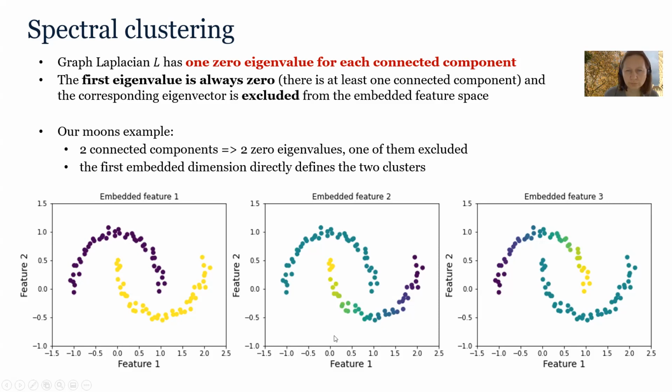Then feature 2 represents the one-dimensional embedding of the bottom moon. So it varies from one side of the moon to the other, and in the other moon it is constant, and feature 3 varies along the top moon, and in the bottom moon it is constant. So we see how this embedding directly defines the two clusters.